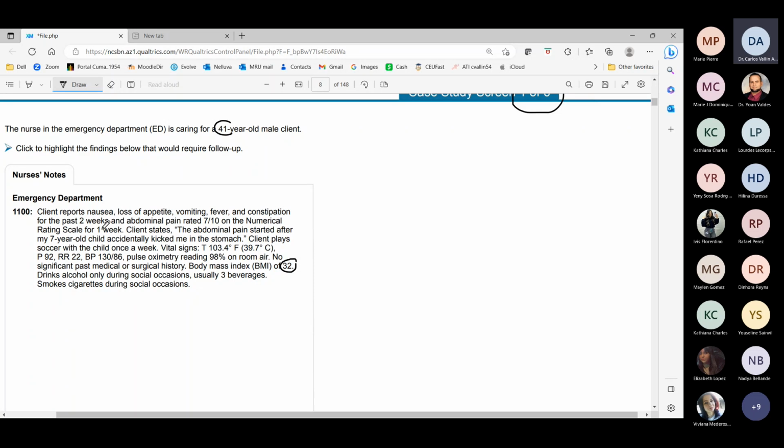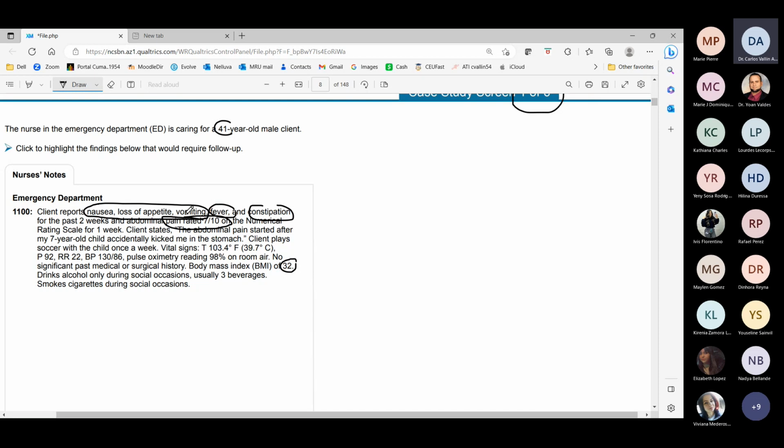So obviously, what we have here is an abdominal issue, because the symptoms are mainly abdominal, but with an infectious component, because there is fever, and pain is significant. 7 is a significant pain.